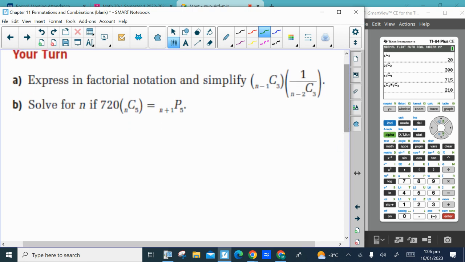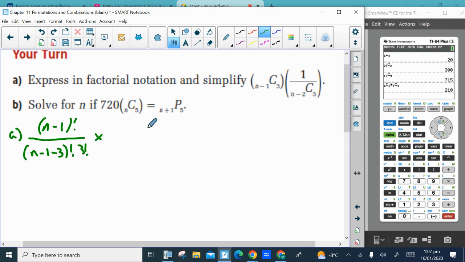So express that in factorial notation and simplify. So n minus 1 C3 would be (n minus 1) factorial over (n minus 1 take away 3) factorial times 3 factorial.